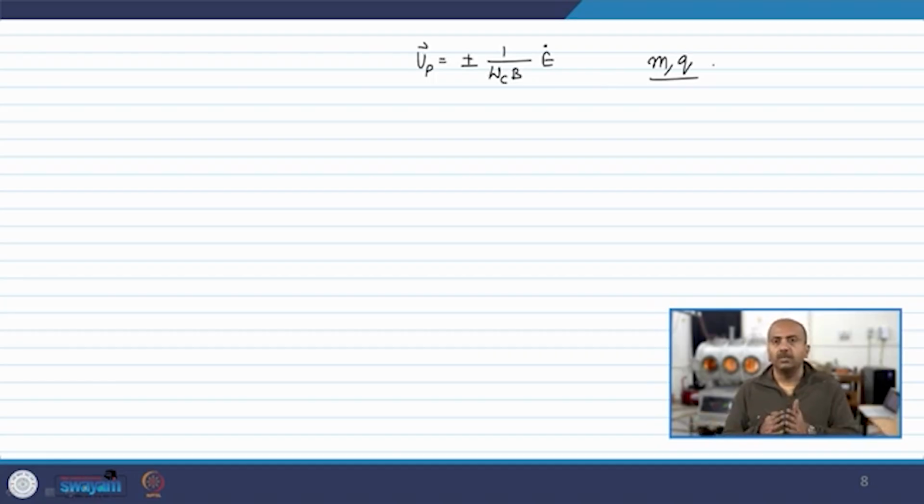That means it will create some polarization. So, an additional electric field will be set up, which is opposite to the original electric field. So, this situation is similar to the well known expression D is equal to epsilon naught E plus P, which we must have studied in earlier classes.